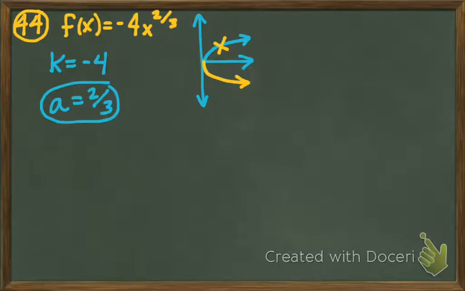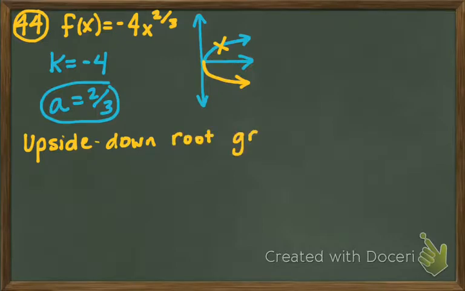So we would say, and I'm okay with this wording, others might not be, but I am, an upside down root graph. And I guess we could go ahead and finish it out right there, in quadrant 4.